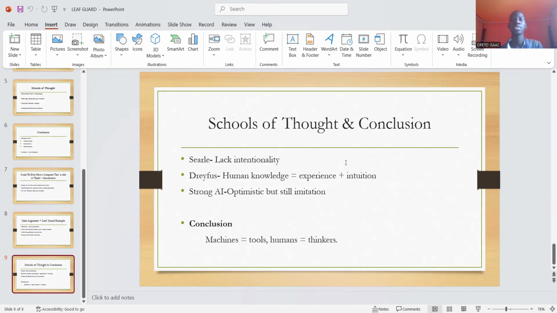Then there are also these schools of thought, and we shall conclude. Still referring to the previous philosopher, John Searle, he said a computer only follows rules, not real thinking. And there is this other philosopher, the Sophist, who said human knowledge is equivalent to experience and intuition, which a computer does not have.